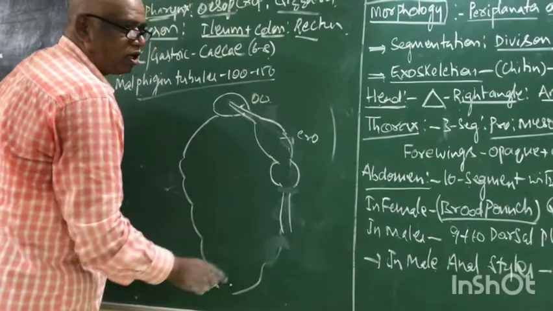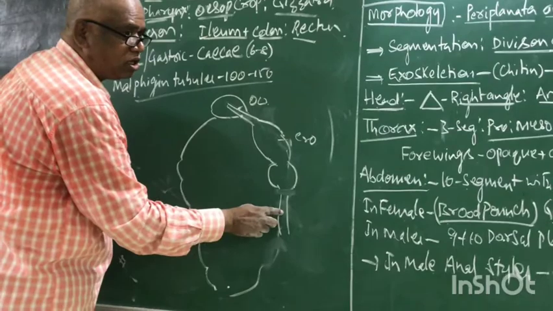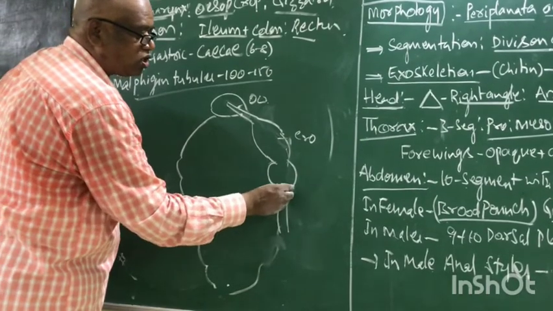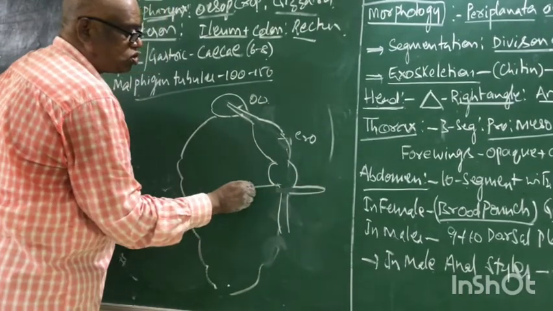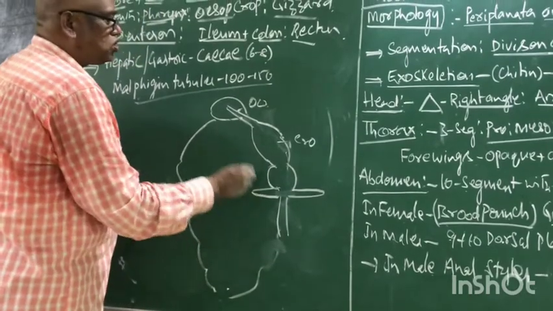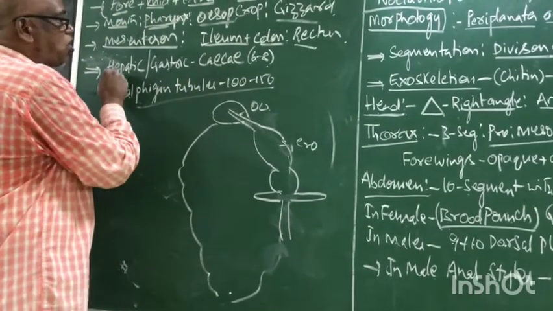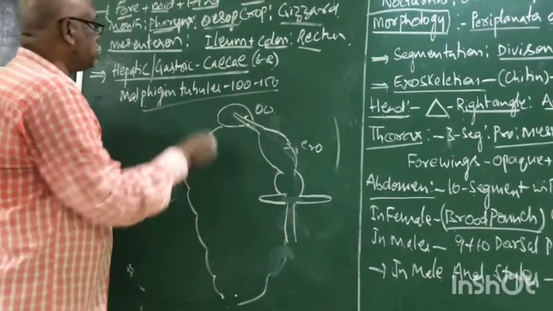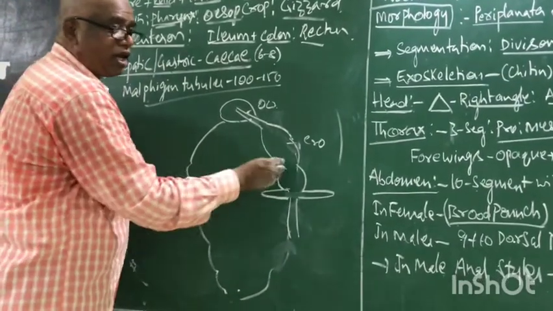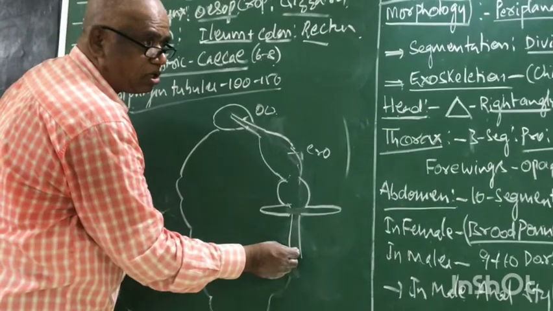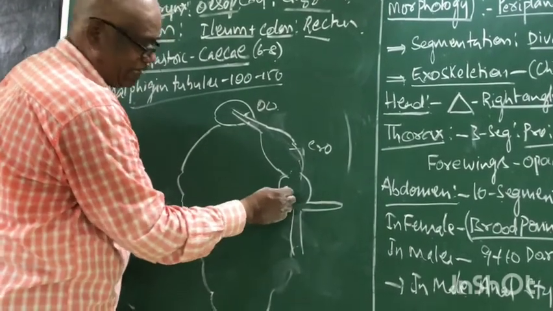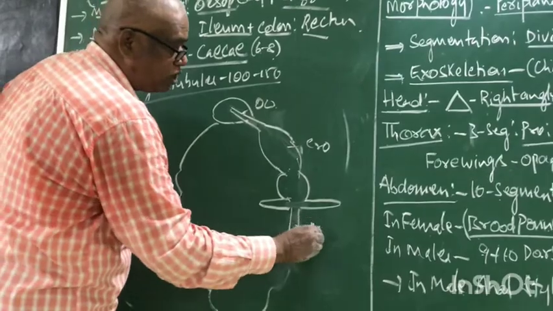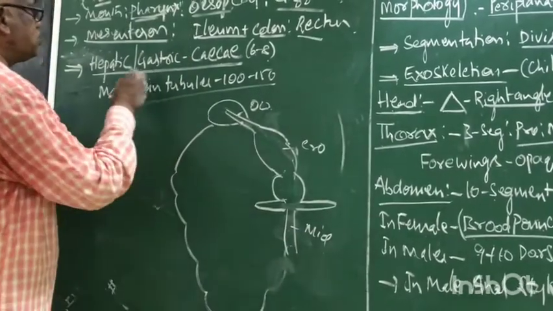At the junction of gizzard and mesenteron, there are 6 to 8 projections, called hepatic caecae or gastric caecae. What is the location of gastric caecae? At the junction of foregut and midgut. Foregut, which part? Gizzard. The midgut area is called the mesenteron.